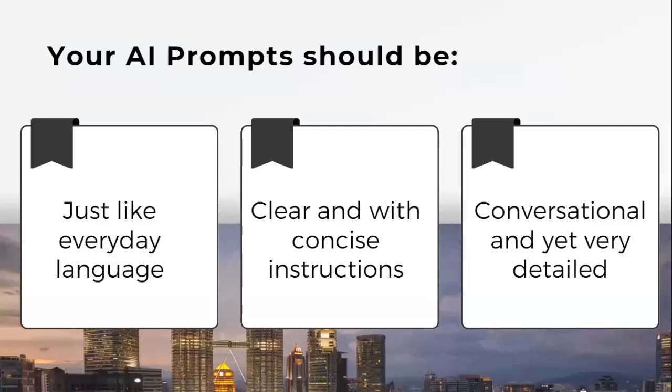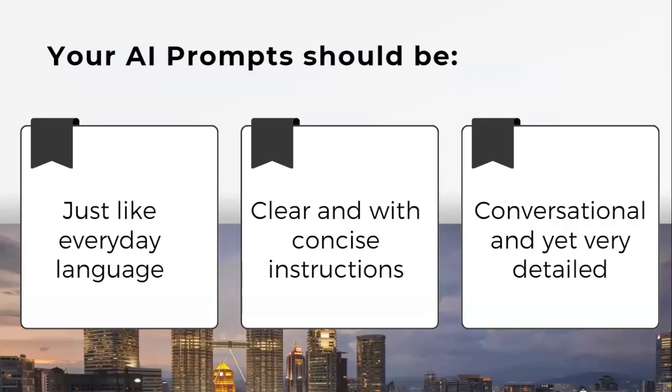So your AI prompt should be just like everyday language. I mean, simple, clear language, just like the way you communicate. Make it natural language. Then it needs to be clear with concise information.